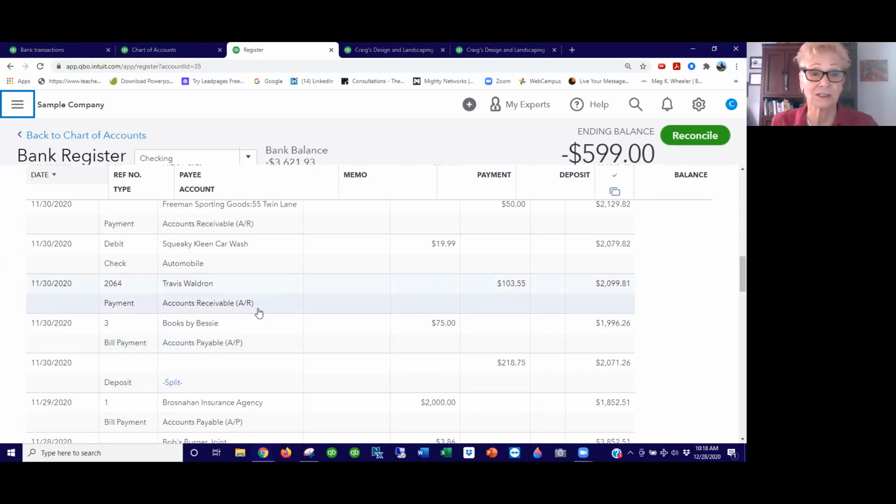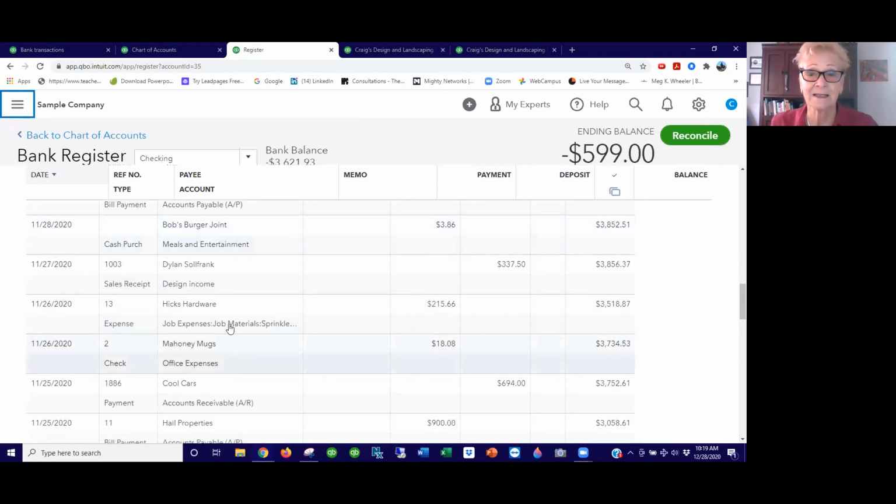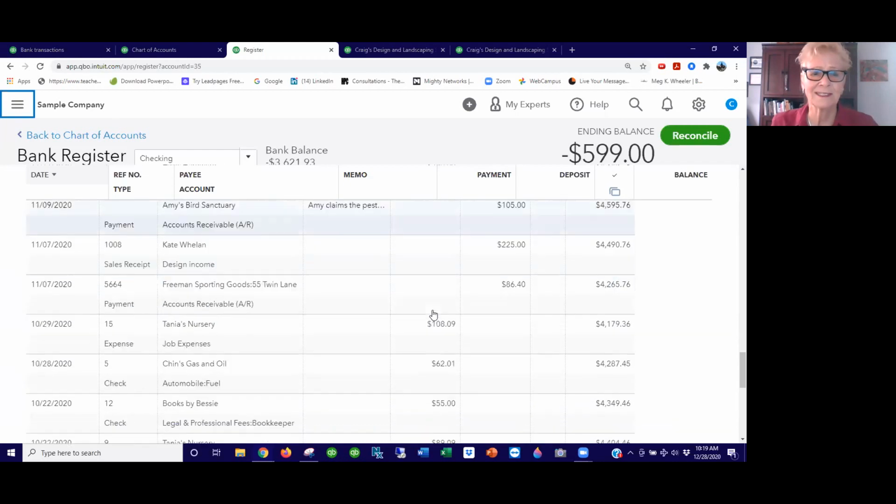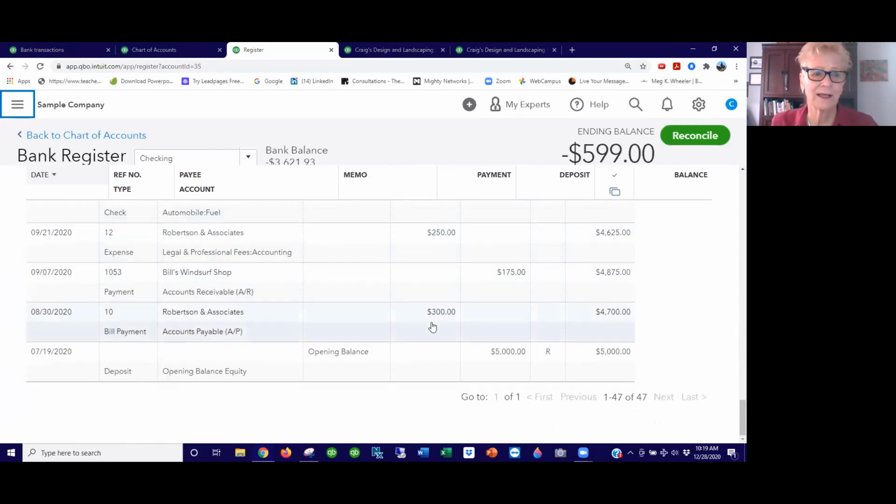We haven't talked about undeposited funds. Maybe we have, anyway. We'd have the sales receipt, and this is a payment going on. This is our deposit going on. This is payment. So we can see what's in our register. This is chronological by date.